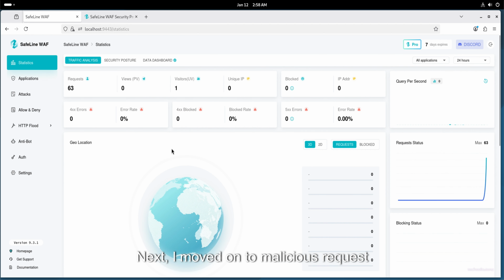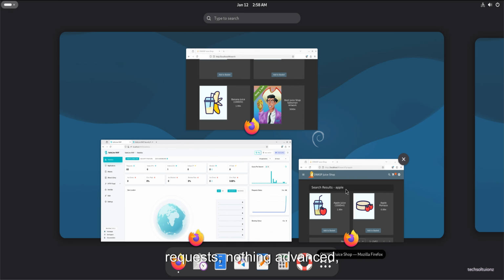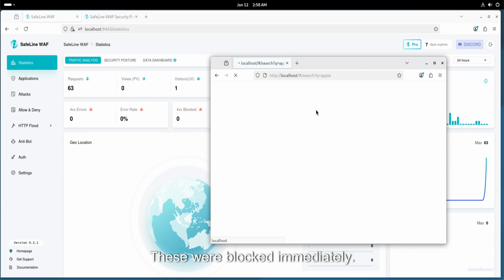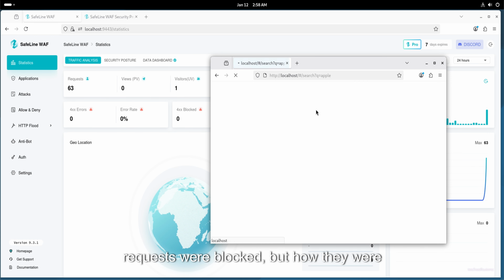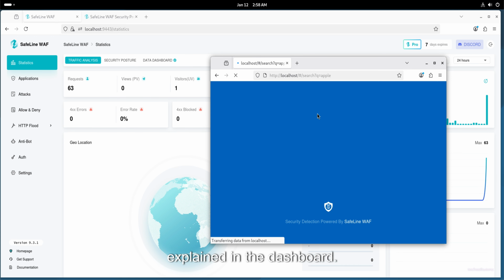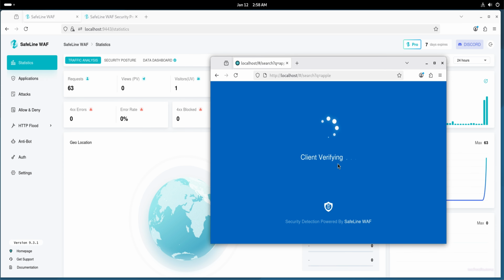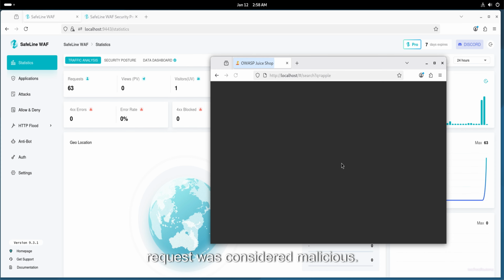Next, I moved on to malicious request testing. I sent a small number of clearly abnormal requests. Nothing advanced, just enough to simulate common probing behavior. These were blocked immediately. What stood out wasn't just that the requests were blocked, but how they were explained in the dashboard. Instead of just saying "rule triggered," SafeLine provided context about why the request was considered malicious.